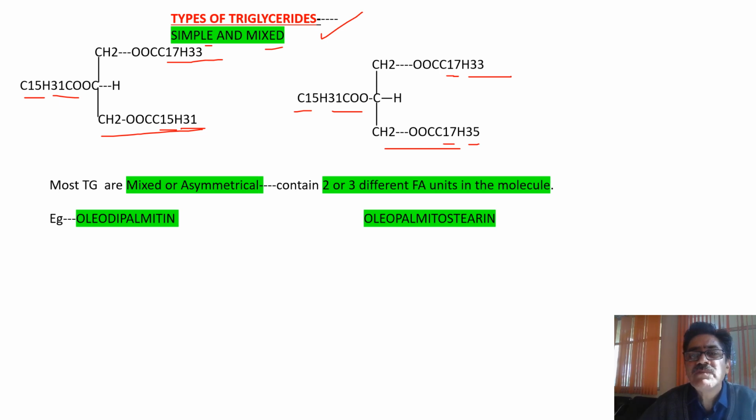That means they bear different hydrocarbon chains. So they are mixed triglycerides. They are asymmetric triglycerides, meaning they contain two or three different fatty acid units in the molecule. This compound is oleodipalmitin, as you see here. The other compound is oleopalmitostearin.